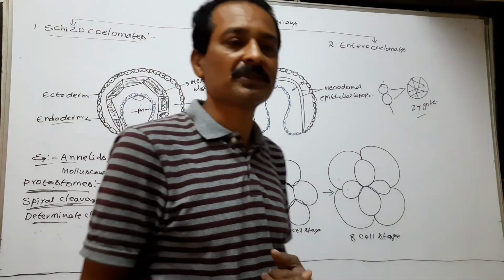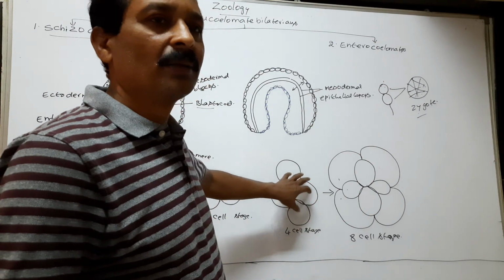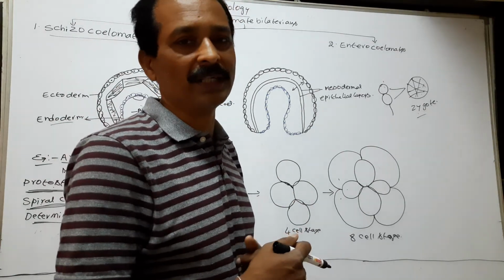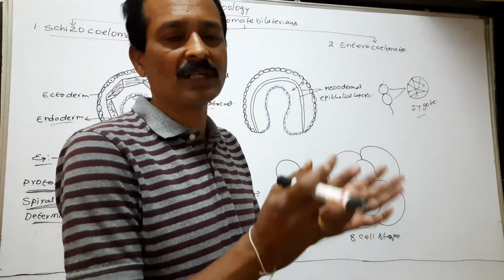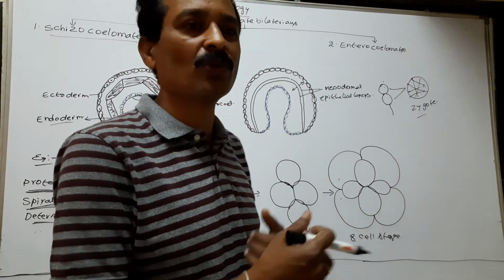So zygote undergoes divisions to produce a large number of cells. Cells in the zygote are called blastomeres.